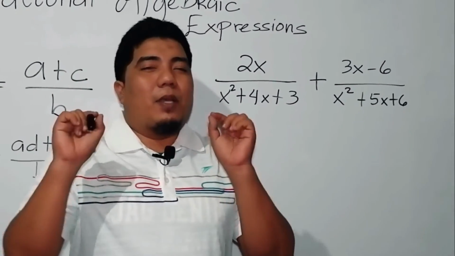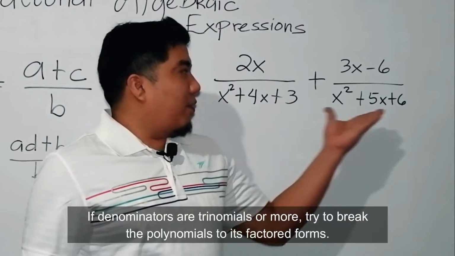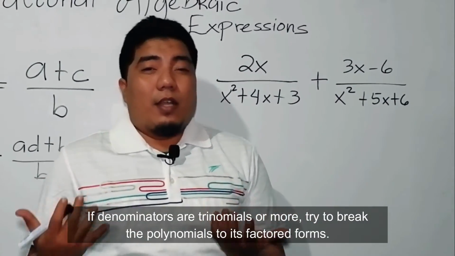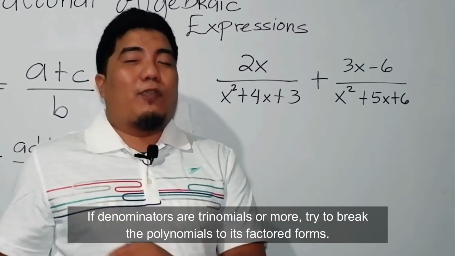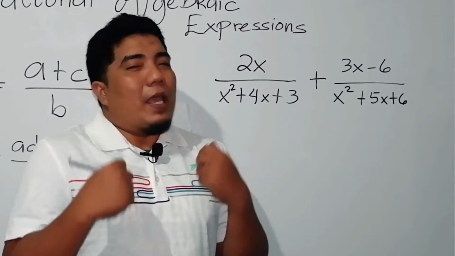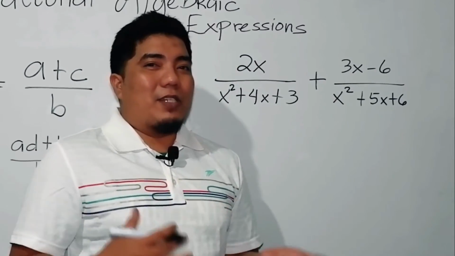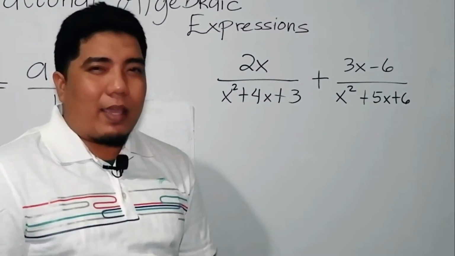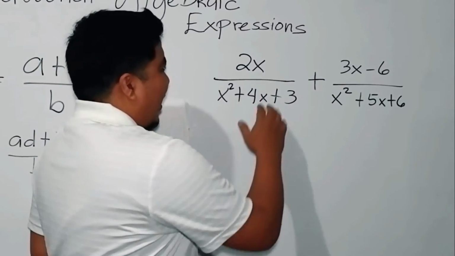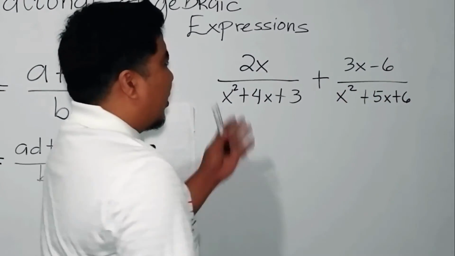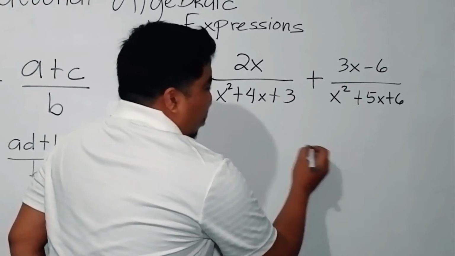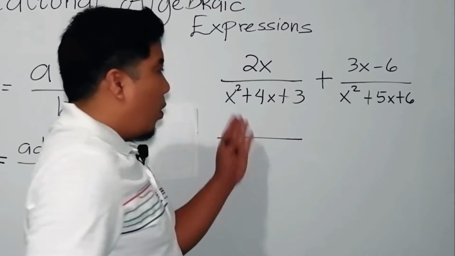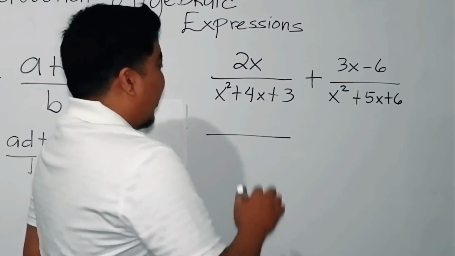But I will teach you some useful tips. If you have trinomials as your denominators, what you can do is consider the factored form of those trinomials because you might get the same factors and you can take them as 1. Okay, what do I mean by that? Since 2x and 3x minus 6 are the numerators with their different denominators, first we need to get the factored form of this one.